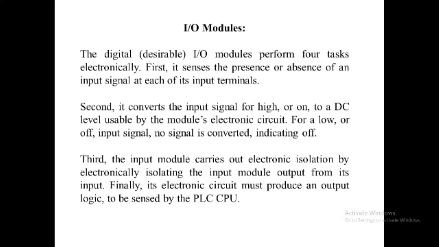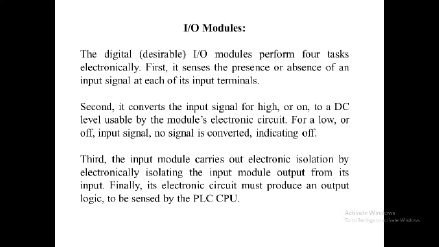Now this I/O module, the digital or discrete I/O modules, perform four tasks electronically. First, it senses the presence or absence of an input signal at each of its input terminals.